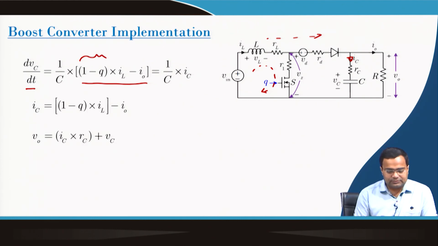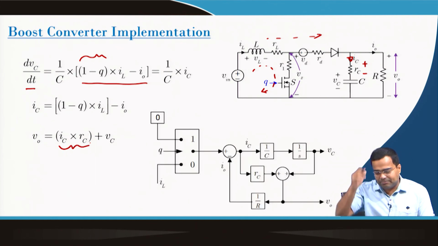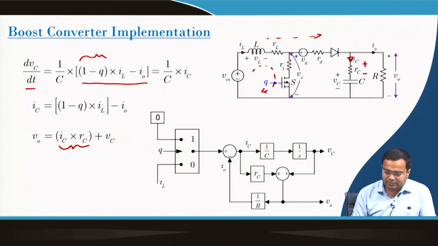Then the output voltage is nothing but the capacitor voltage plus the drop across this ESR. So, you can implement the output voltage equation, and here we have to consider that the capacitor current is discontinuous, and that can be realized by putting a switch block.